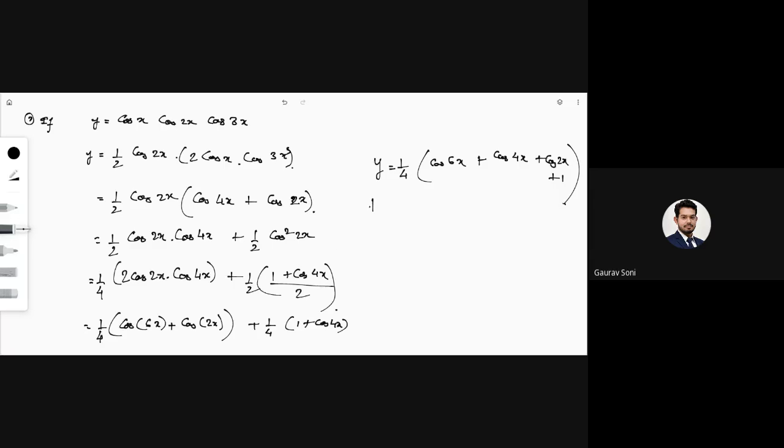So taking n derivatives successively, y n, 1 by 4 being constant, will come outside every time. Nth derivative of cos of 6x, just a minute.